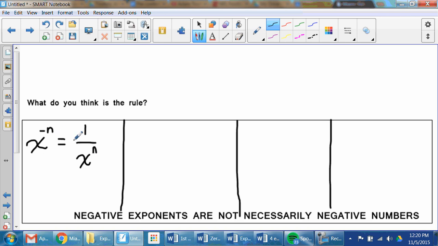So same number, just this one's negative, this one's positive. That's our first rule. The second piece of this rule is 1 over any variable or number to a negative power equals that variable or number to now the positive power over 1.